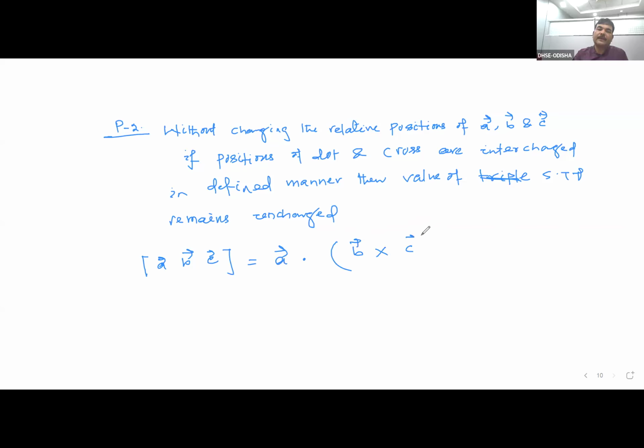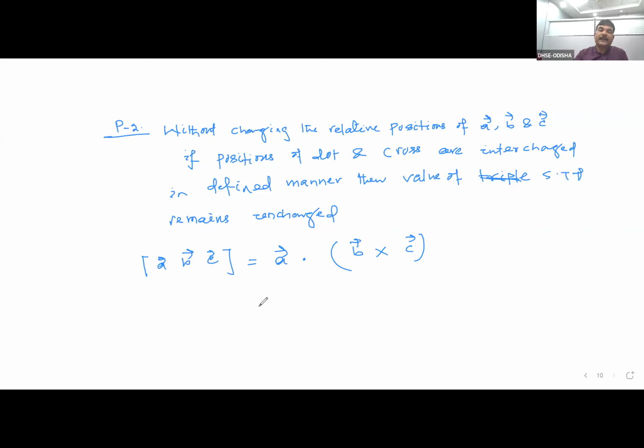The property says that without changing the relative positions of A bar, B bar, C bar, that means we cannot permute among A bar, B bar, and C bar. We only interchange the positions of dot and cross. That means dot will be taken into the position of cross and cross into the position of dot in the defined manner.